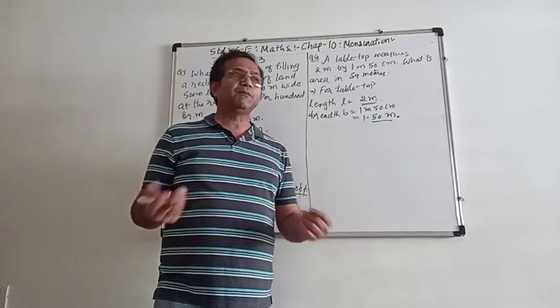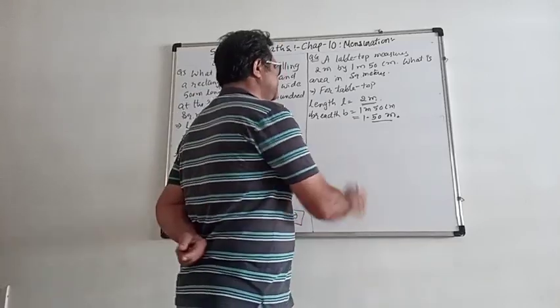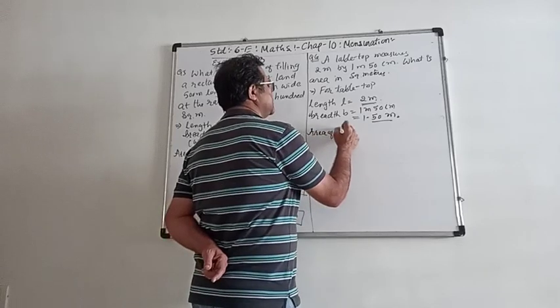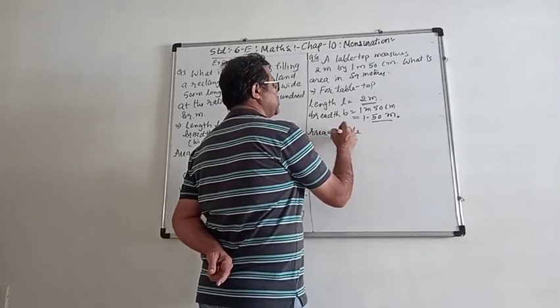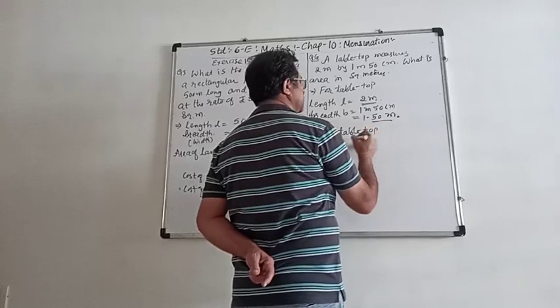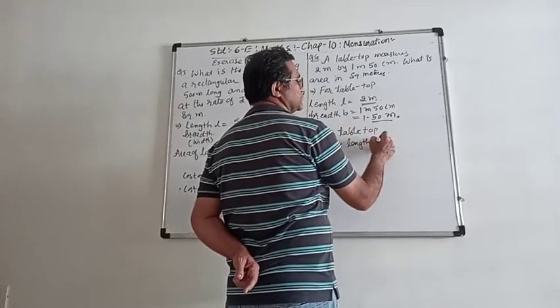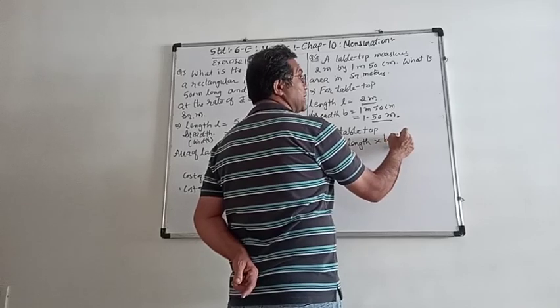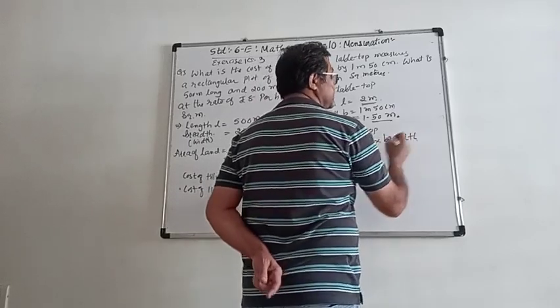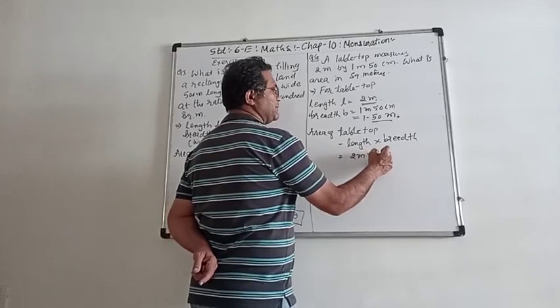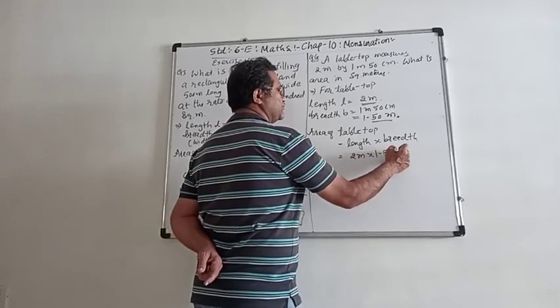So now we can put the formula. Area of tabletop is equal to length multiplied by breadth. That is 2 meter multiplied by 1.5 meter.